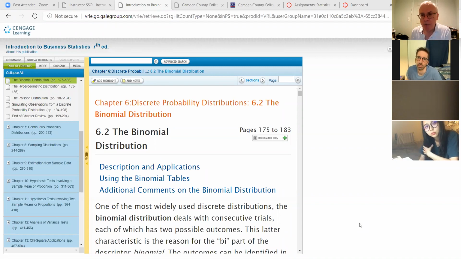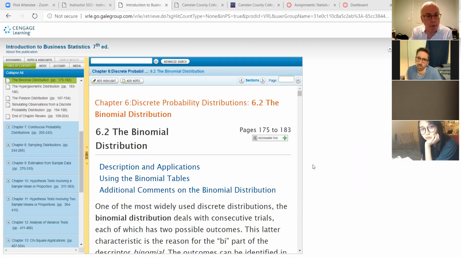You don't get a feeling that there's many more, but there are many discrete probability distributions, and these special ones have formulas. That's the whole point. They have special formulas for calculating the values of the random variable, and also sometimes the mean and the variance or standard deviation of the random variable have special formulas.